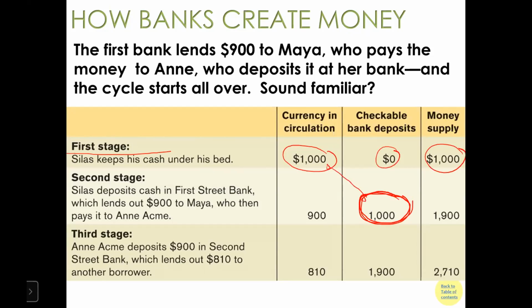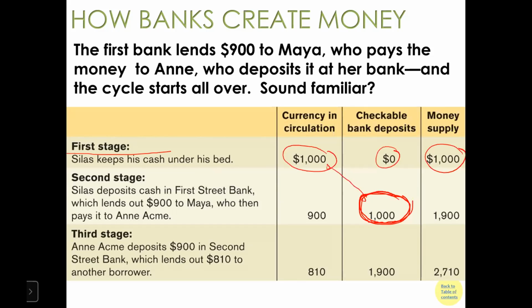However, if the bank does nothing with this $1,000, the bank is not making any profit, and then the bank is not going to survive. So what the bank is going to do is lend out that $1,000 of deposit. In reality, the bank is going to charge a higher interest rate for the loan.